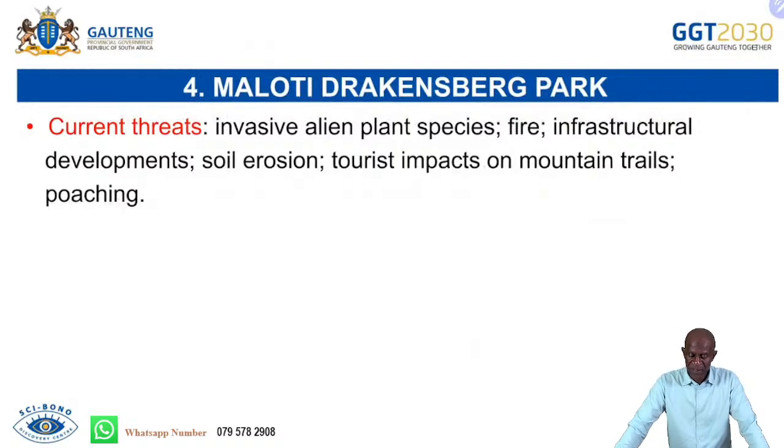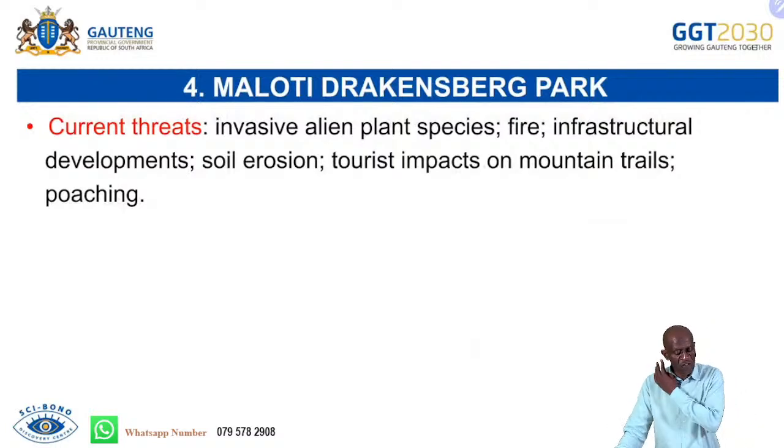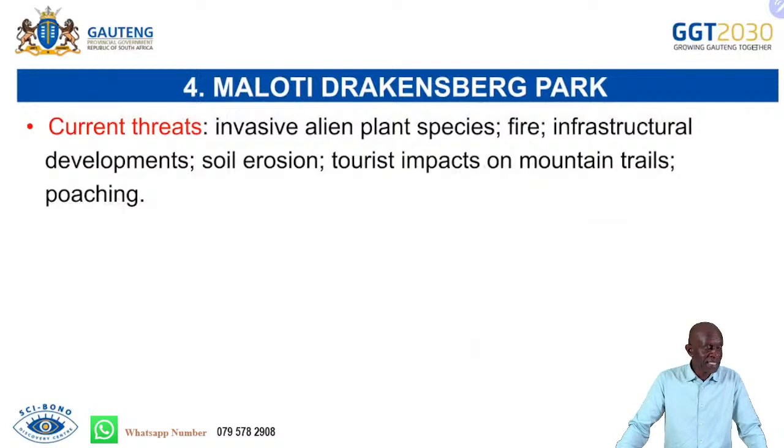The veld fires, the infrastructural developments that are taking place, because around it they will build hotels, places of entertainment, and that has an impact, or threatens the well-being of the Maloti Drakensberg Park. Issues of soil erosion, tourist impacts on mountain trails, as well as poaching, illegal hunting of animals, create a threat for the Maloti Drakensberg Park.